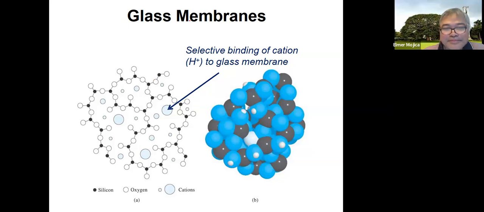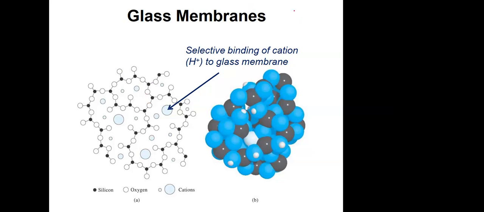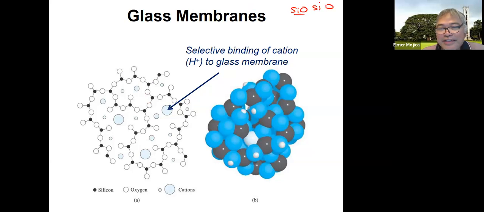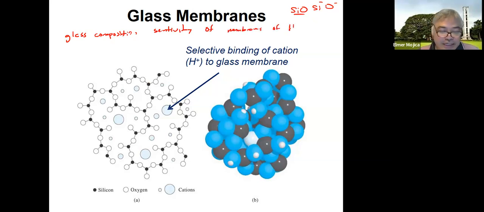Anyone? Silicate, po. SiO. It's not really the boron, it's mostly the Si. So it has something to do with the glass composition. The glass composition affects the sensitivity of membranes to protons and other cations.